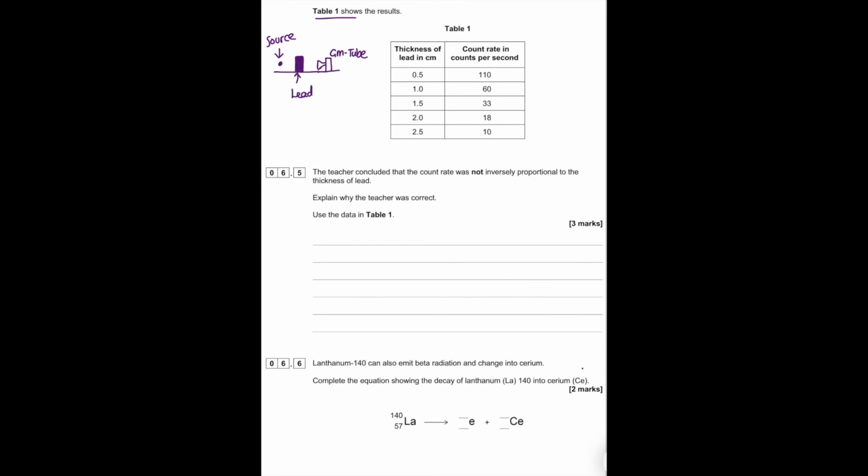Table 1 shows results of an investigation where we have a source, we have some lead and we have a Geiger-Müller tube. So with different thicknesses of lead, the counts per second are measured with the Geiger-Müller tube. The teacher concluded that the count rate was not inversely proportional, and we've got to explain why the teacher was correct. So if we have a look at our first result at 0.5 centimetres thickness of lead, that gives us 110 counts per second.